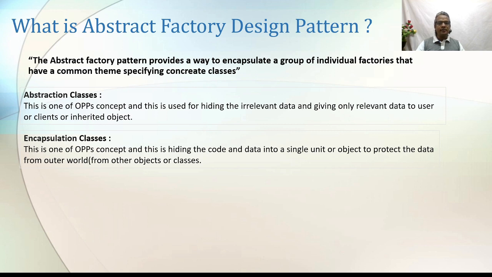Polymorphism has two types: method overloading and method overriding, also called compile time and runtime polymorphism.